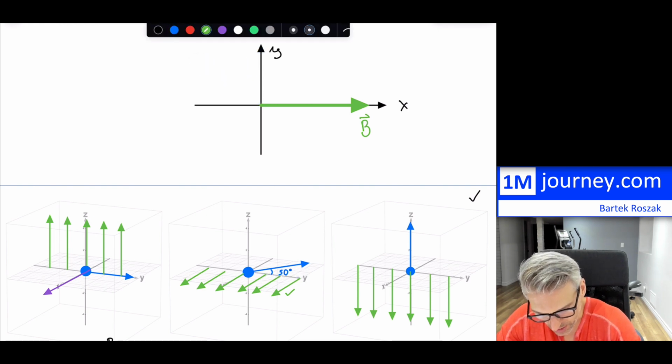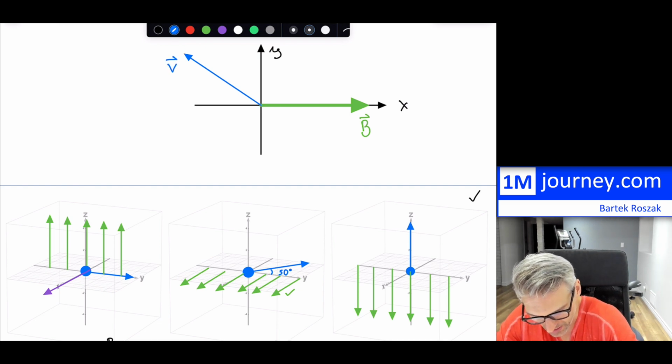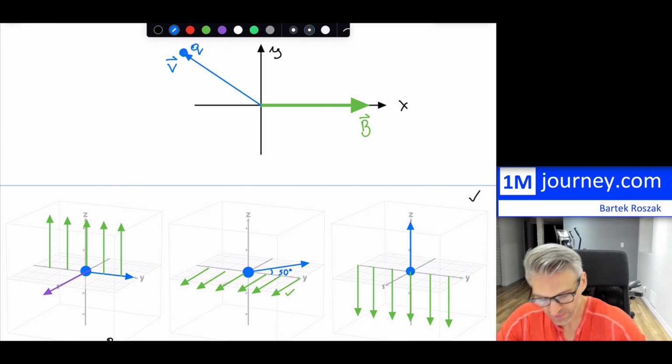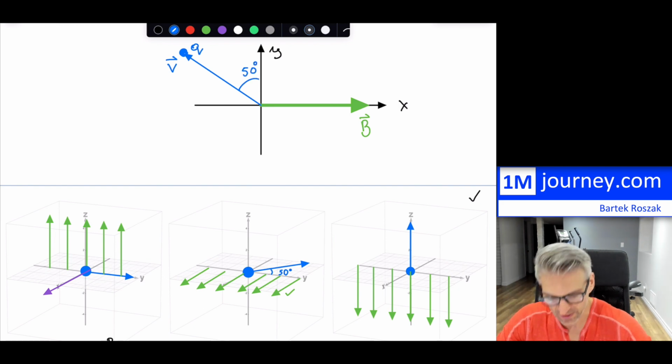So if you're going to draw that out, so that it's visually showing us, I don't have to make this one as big, because it pops out in the second quadrant right here. This is the speed of that charge, which is moving along right there, and this angle, they're telling us, is 50.